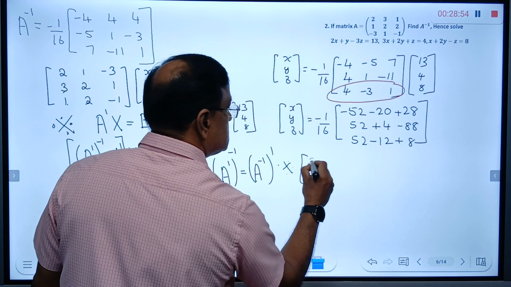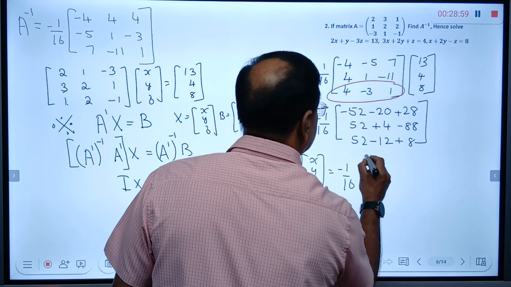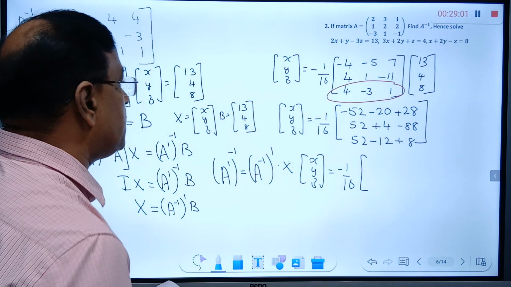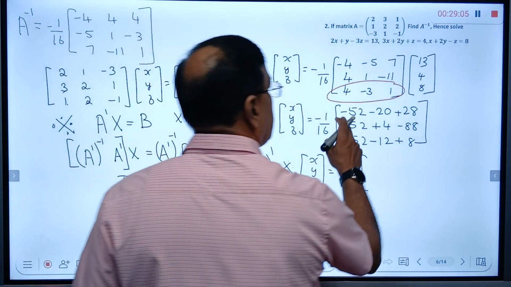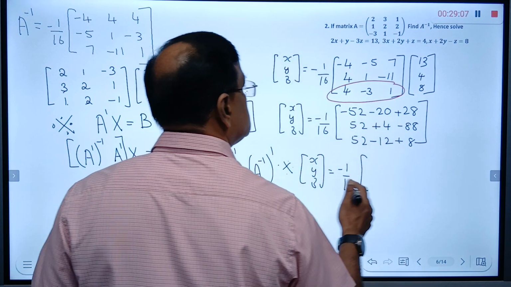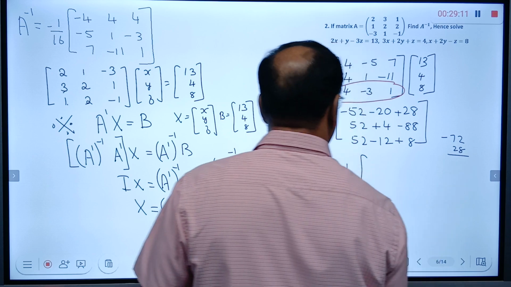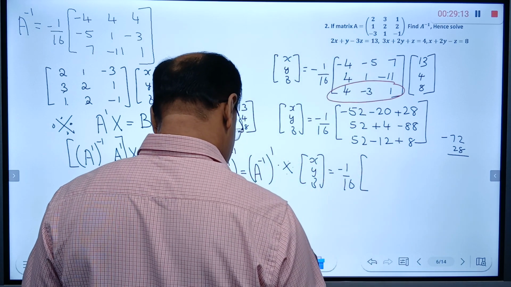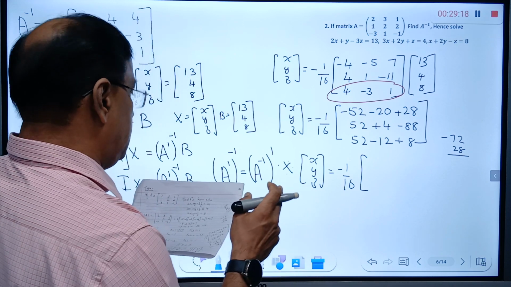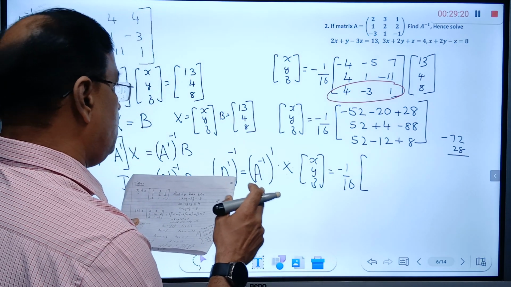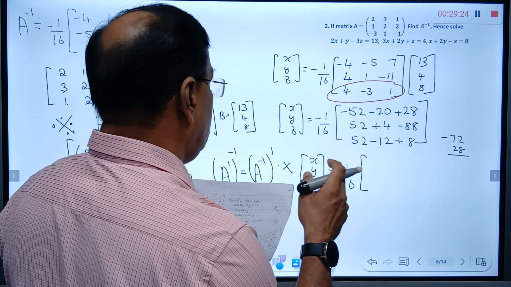So this is x, y, z equal to minus 1 by 16 into. Now you have to do the subtraction. What do you get? I think if you subtract, you get minus 72 plus 28. Did I make any mistake? 7, 4, 1, minus 11, 4, minus 3, 1 into 13, 4, 8.